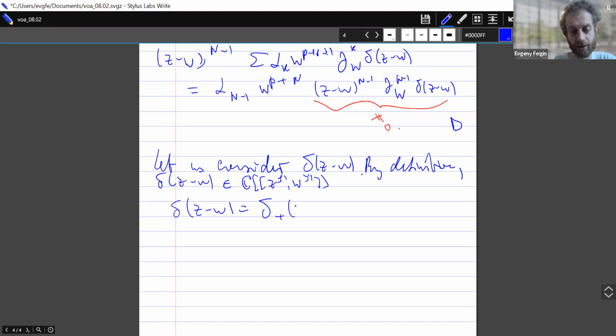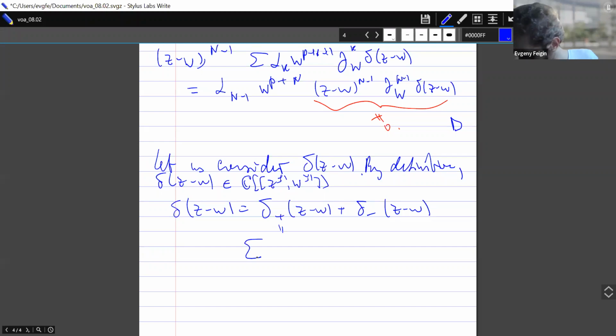Delta plus. And so what was that? By definition, let me not misuse the symbol.